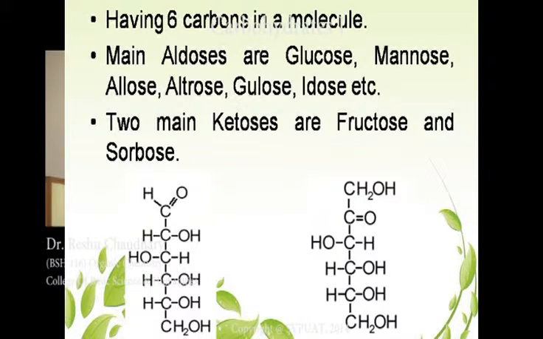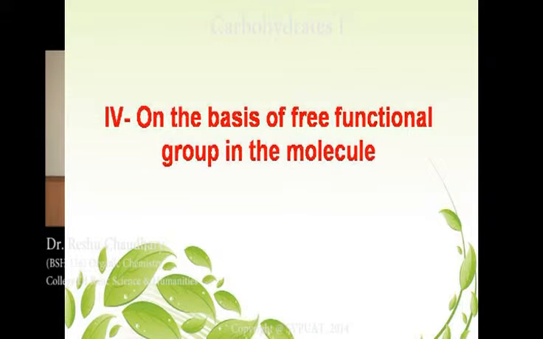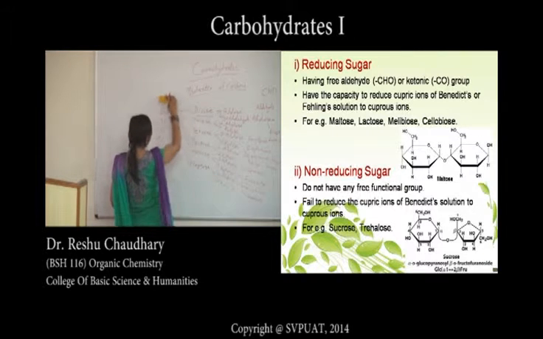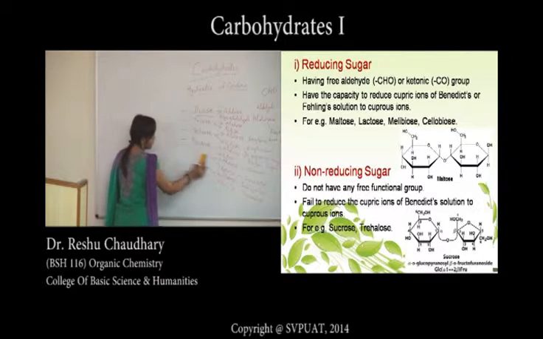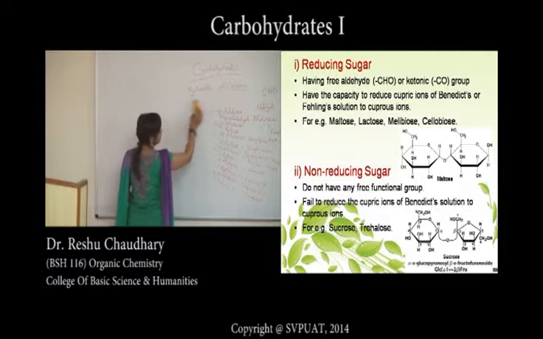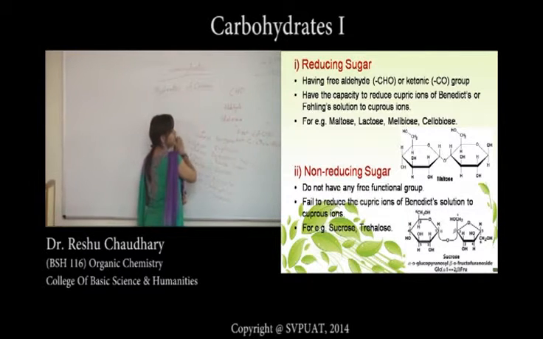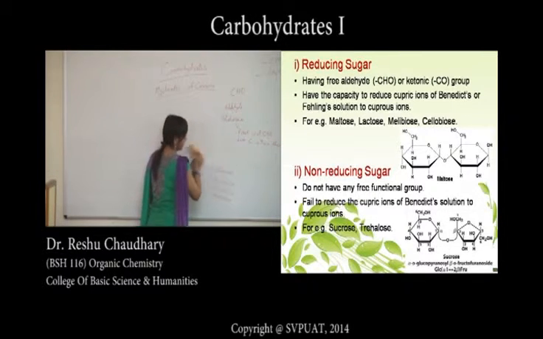It is the classification according to the number of carbons and on the basis of functional group, that is aldehyde and ketone. Now, another type of classification, that is reducing sugars and non-reducing sugars. It is based on the free functional groups present in any sugar, then it is called a reducing sugar.